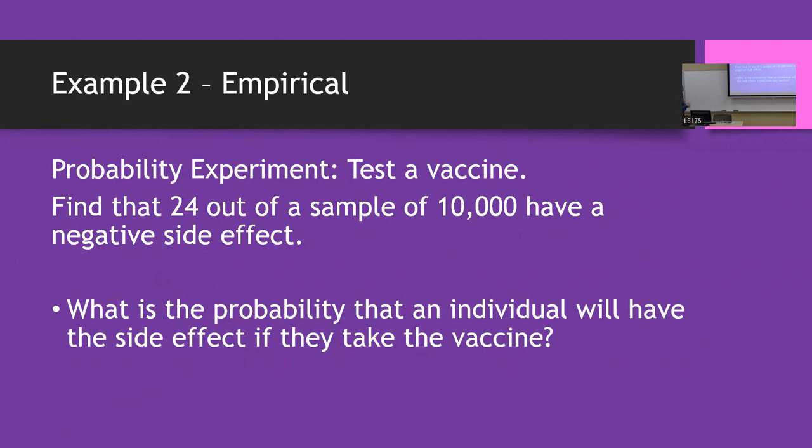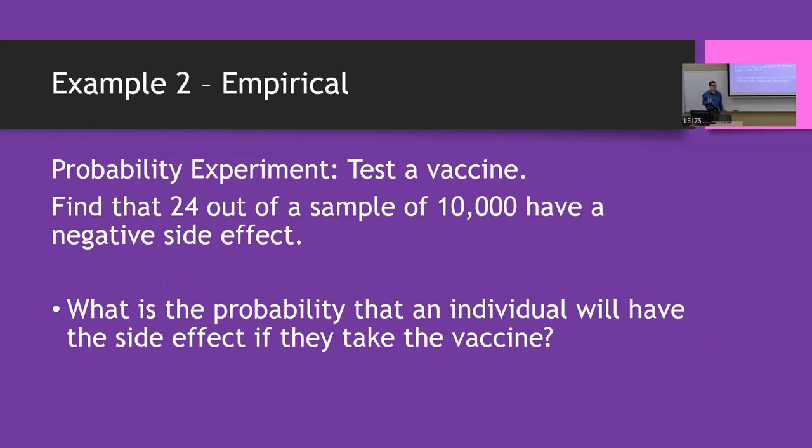Let's say we want to test a vaccine for some negative side effect. Now, how many outcomes are there? There's either you have this negative side effect or you don't. Right?